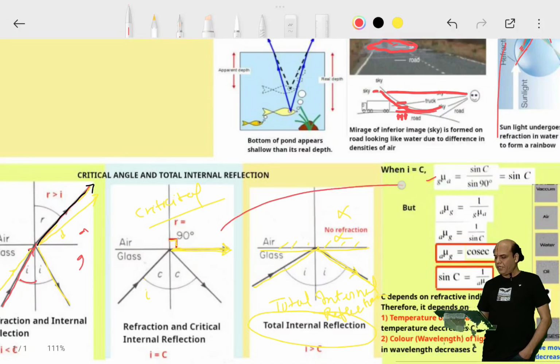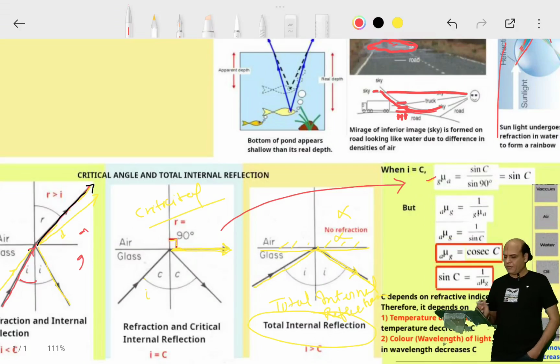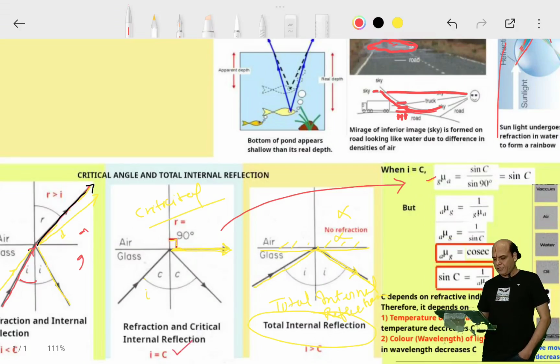We are doing this for the critical angle, when the angle of incidence is equal to critical. So the refractive index of air with respect to glass is given as sine C, where C is the critical angle, by sine of angle of refraction, which is 90 degrees. Sine 90 is 1. That means the refractive index of air with respect to glass is given as sine C.